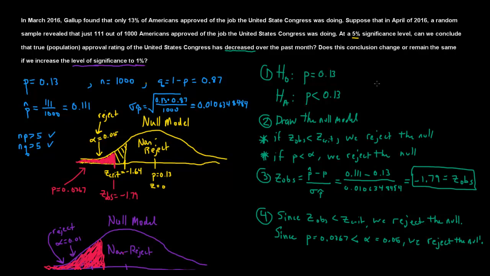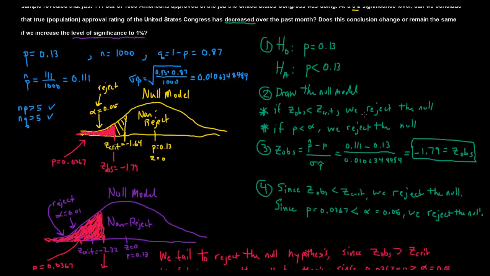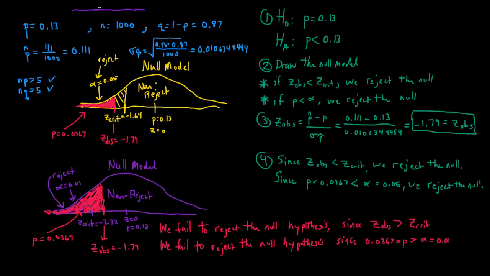But if we were more strict with ourselves and reduced the type 1 error, we reduced alpha, then you find down here that we could not reach that same conclusion, that we failed to reject the null hypothesis when we raised the bar on ourselves.